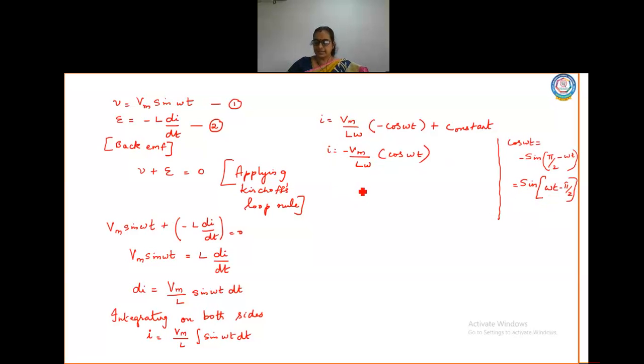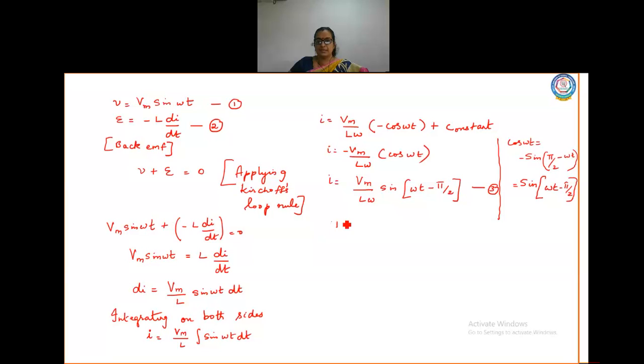So let me write the value of current as I is equal to Vm by L omega sine omega t minus pi by 2. So this is my current equation, right? Now I am going to compare the voltage equation and the current equation. Actually the current equation is I is equal to Im sin omega t, right? So what is this Im?